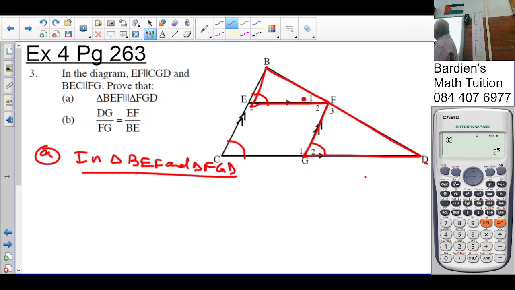F1 is equal to angle D. And our second angle. So what are we left with? Angle B and angle F3. They are equal. Why? Third angle of triangle. Not so?